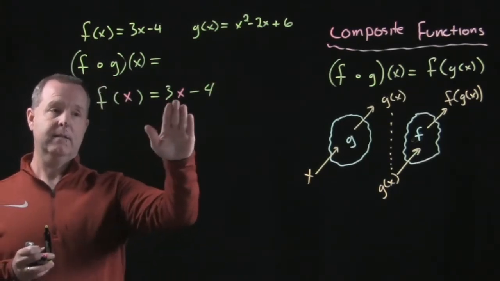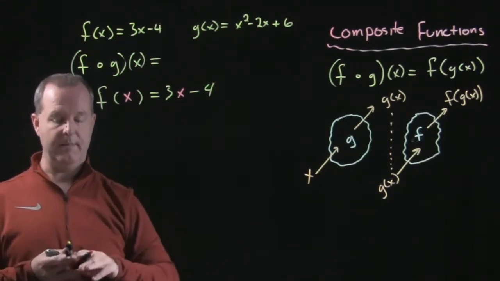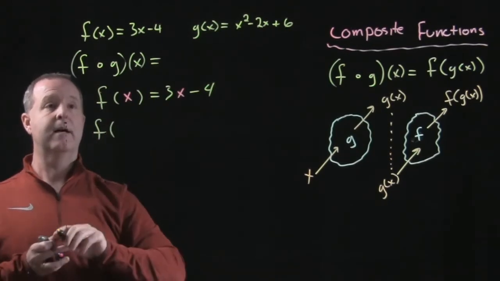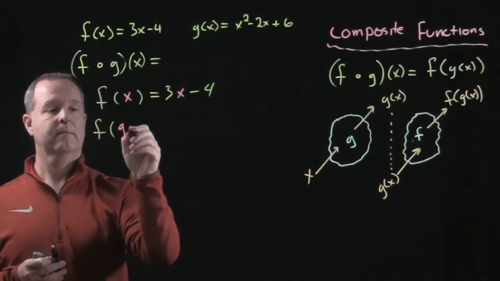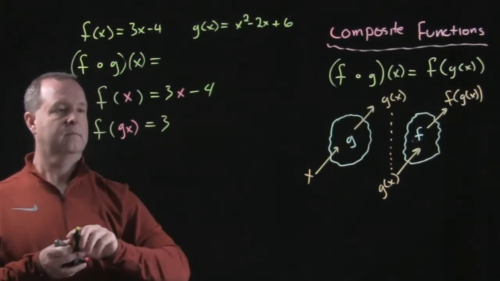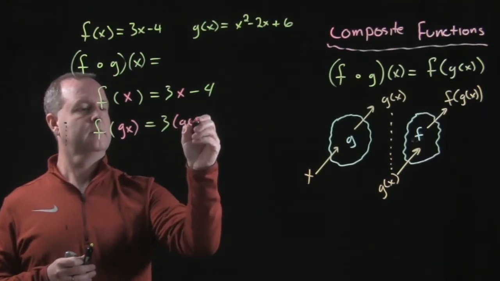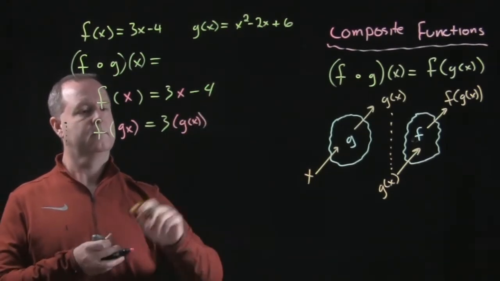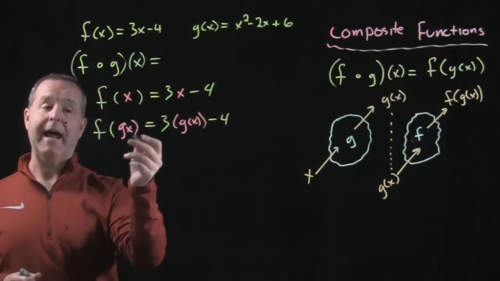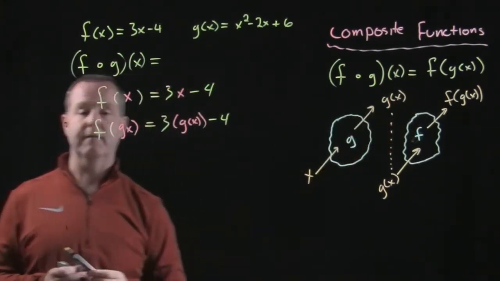Everywhere we have an x, or every value we put in, we replace it. So this next time, we're going to have f of g of x. So I'm evaluating the function f at g of x. And that's what my composite says, f of g of x.